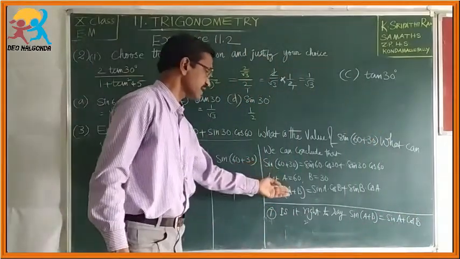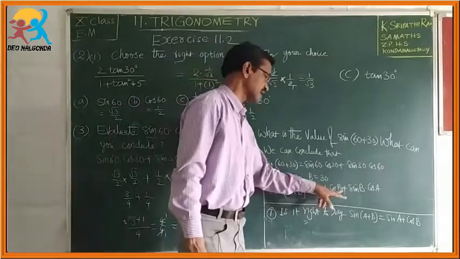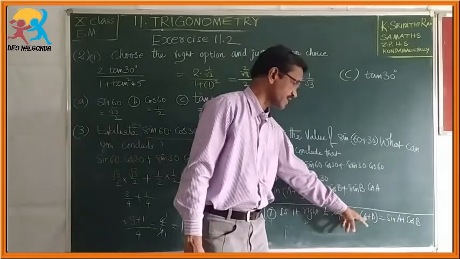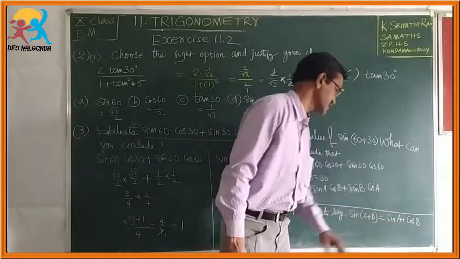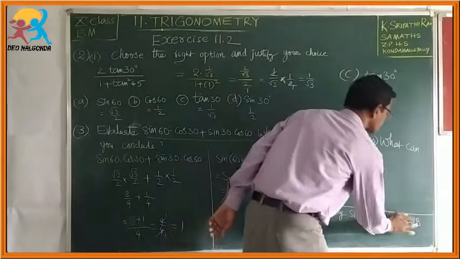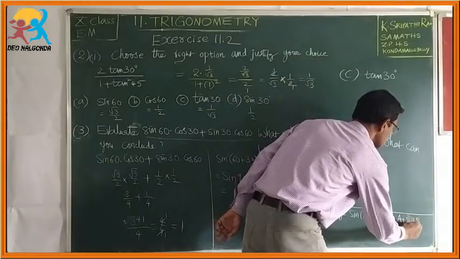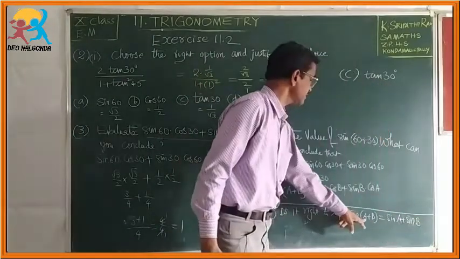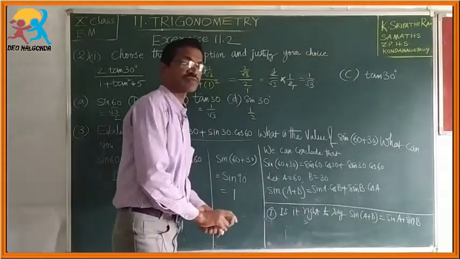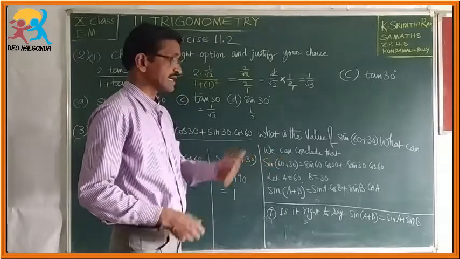Just now we have seen sin(A + B) is equal to sin A cos B plus sin B cos A. But here what is given? Sin(A + B) is equal to sin A plus sin B. Is it right to say? It is not right. How to justify our answer?